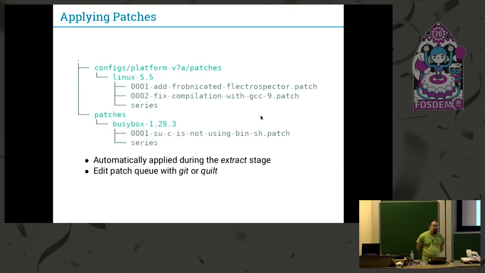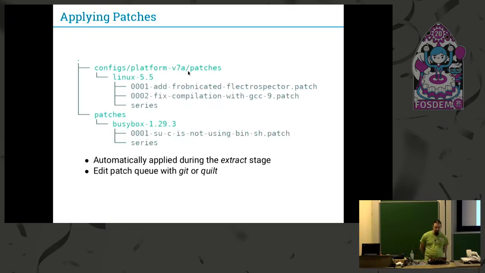And the usual thing is to put patches for your packages which are from the platform config, like the kernel or the bootloader or anything else in this area, into this configs/platform folder.